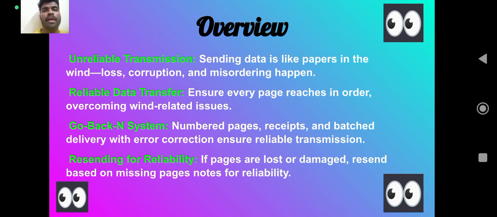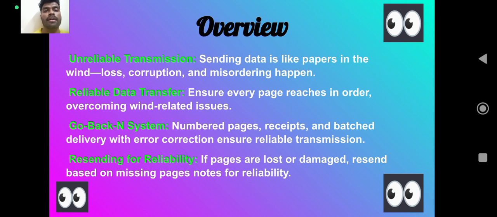Go Back N system. In the Go Back N system, the data packets are numbered and delivered in batches. If there are any errors, the Go Back N system will correct or fix the errors, and due to this there will be a reliable data transmission.